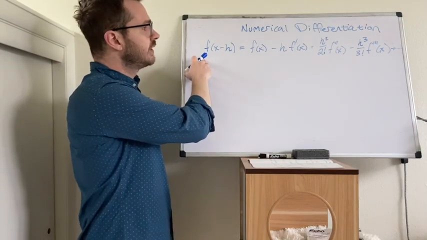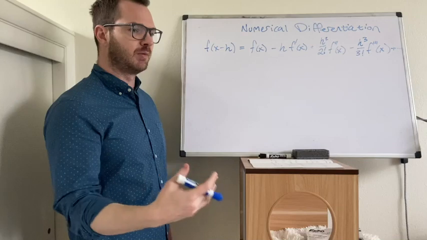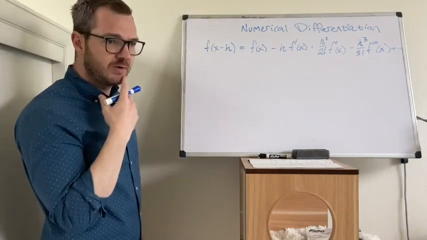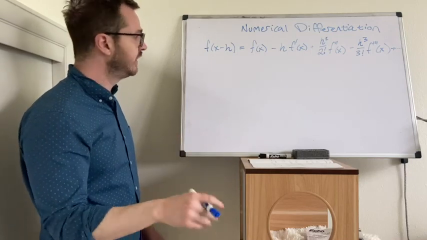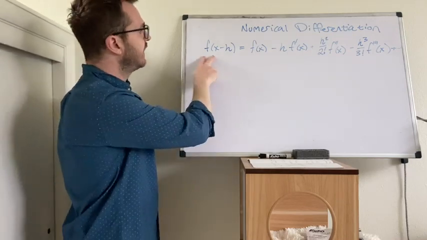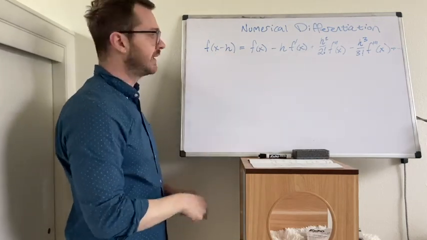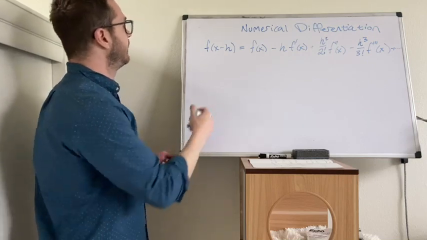In these cases, we're going to use these Taylor series expansions to come up with some more complicated approaches. So what we're looking for here is we want the slopes at the first and the last points with higher levels of accuracy. So I've gone ahead and I've taken f of x minus h, and I've written out the Taylor series expansion. You should already have this in your notes from the previous video.